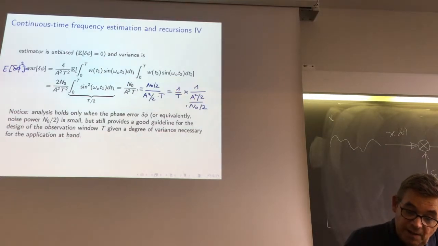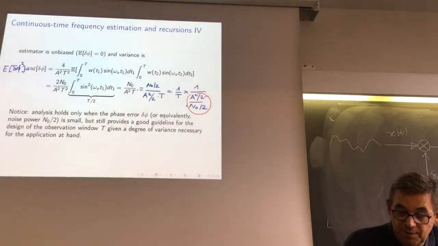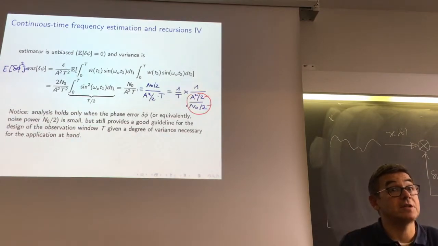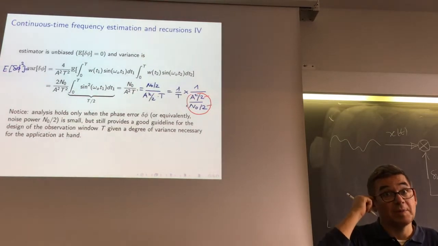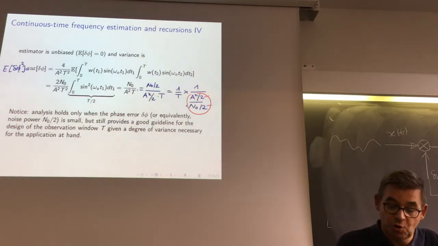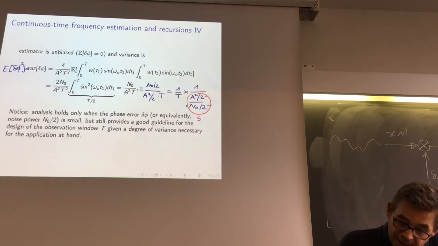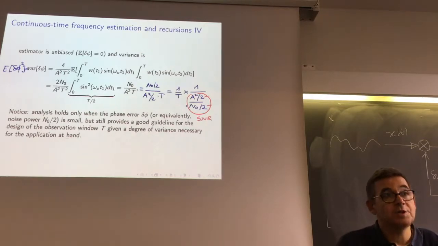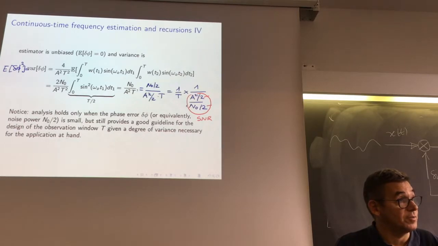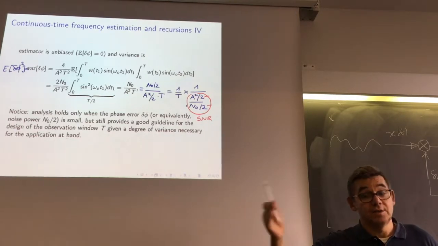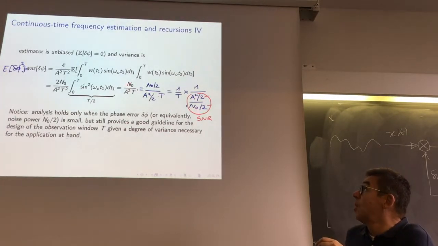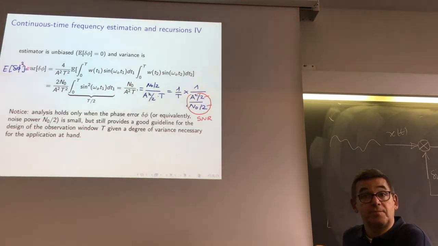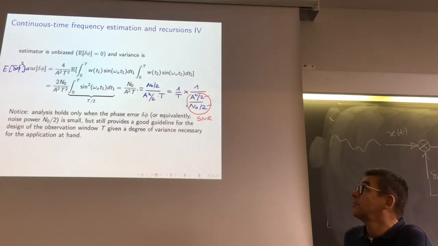Usually the one that I isolate is the power of the signal, the power of the sinusoid, which is A squared divided by 2, and N0 divided by 2 is the power spectral density. So this is again a signal to noise ratio. So the variance is inversely dependent on the signal to noise ratio. The smaller the noise, the smaller N0, the smaller the variance. That's what I get here.